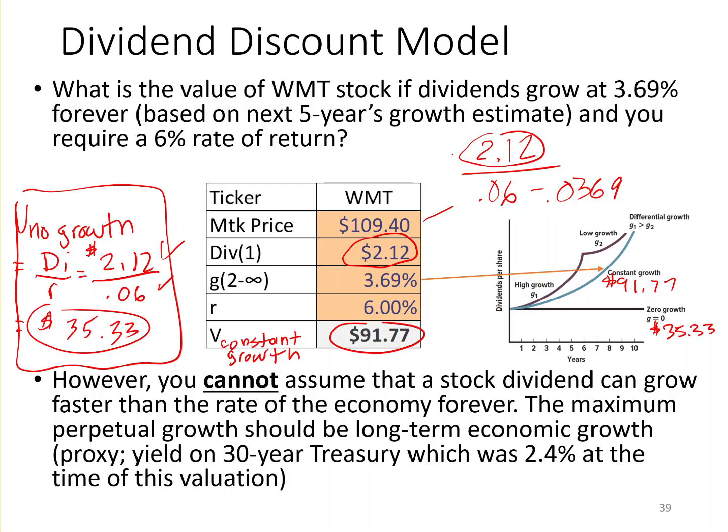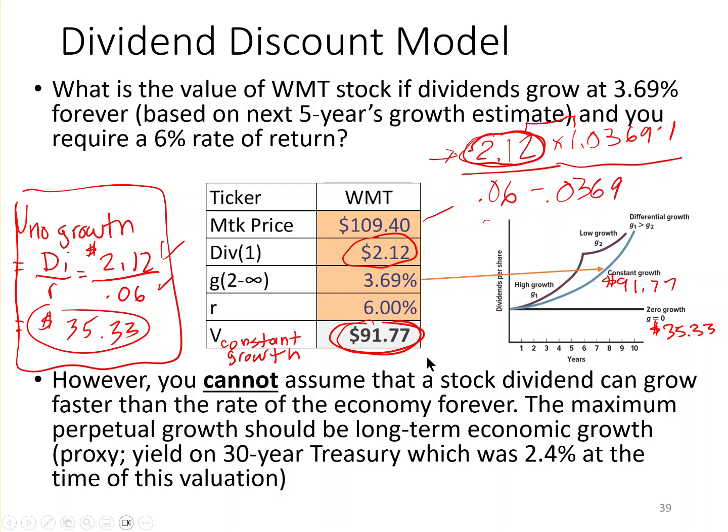If you assume that last period's was $2.12, you would then multiply this by 1.0369. Again, it's just the assumption. If this is last period's dividend, multiplying times 1.0369 would be the first dividend you receive. If 2.12 is the forecasted next dividend, I would just take 2.12 over 0.06 minus 0.0369. When I do that, I get $91.77.